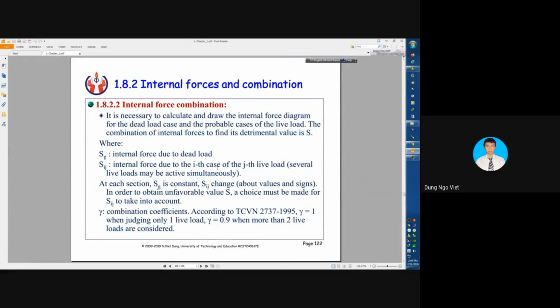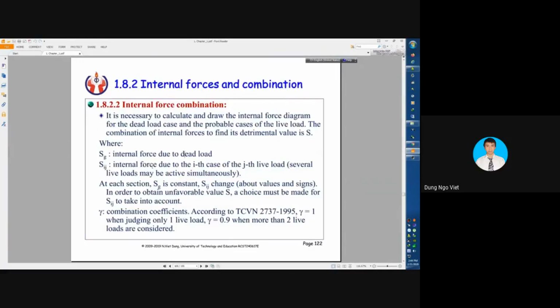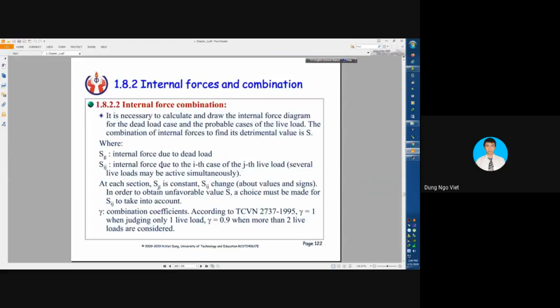The combination of internal forces to find its detrimental value is S. So here is the detrimental value S. And in this formula, Sg is the internal force due to the dead load, and Sij is the internal force due to the ith case of the jth live load. And several live loads may be active simultaneously, that means active at the same time.